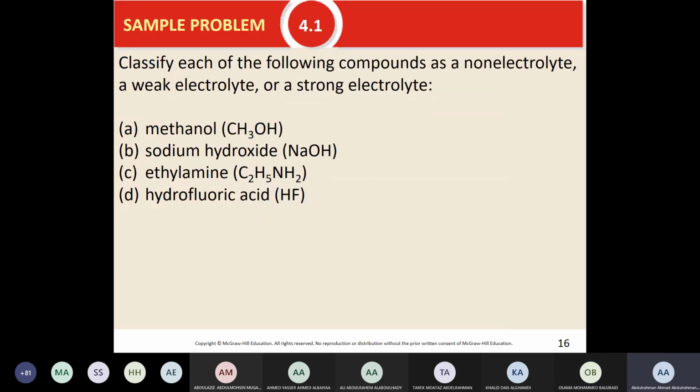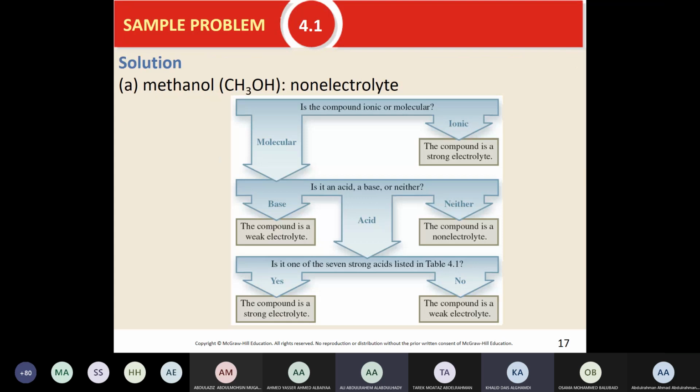Very good. Based on this table, tell me methanol, CH3OH. Is this going to be electrolyte? Weak electrolyte? No, wrong. Isn't it base?